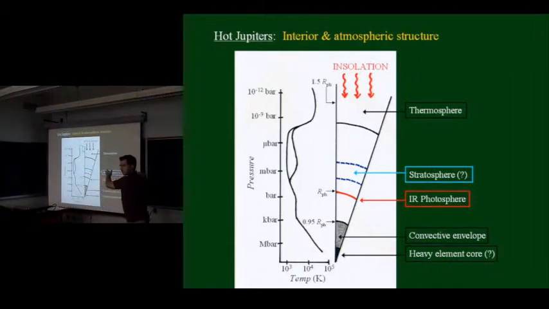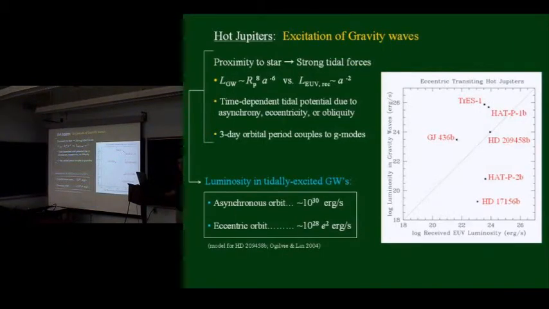So the Brunt frequency will be constant. So the ratio between the vertical wavelength and the horizontal wavelength goes like the Brunt frequency over the frequency of the wave, which is about a factor of 100. So the vertical wavelength would be like a 100th of the radius of the planet.